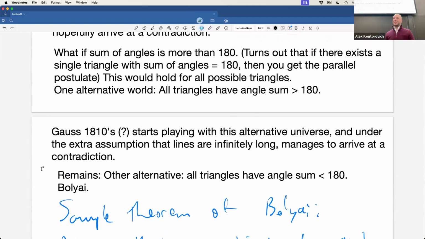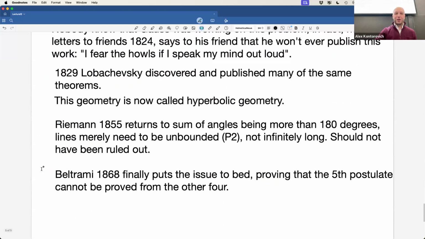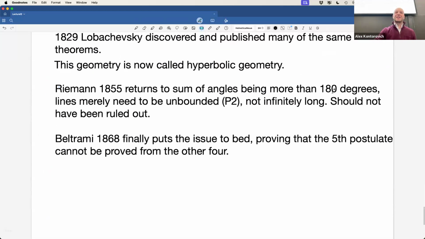And Riemann revisits this and says, wait a second, nobody said it has to be infinitely long, it just has to be extendable. But great arcs on the surface of a sphere are extendable. It's just that they're not infinitely long. So there's no contradiction. That's not a real contradiction. Gauss is adding an extra assumption that should not have been added.